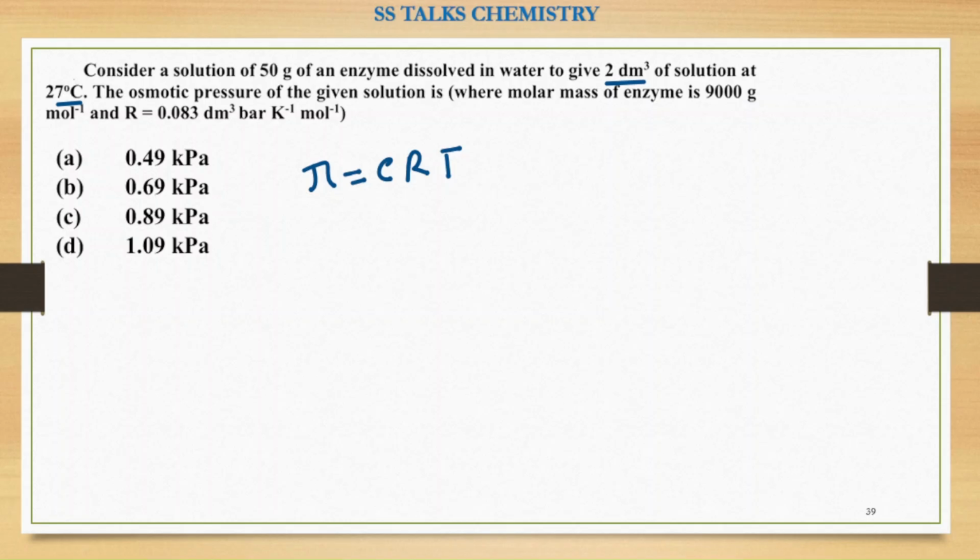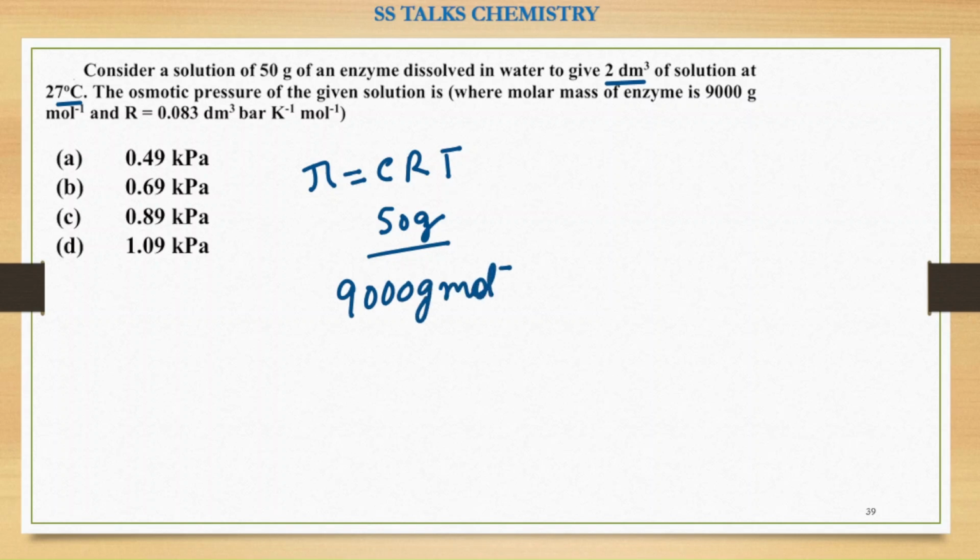So now here it is given how much amount of the enzyme was added, 50 grams, because we have to take it in molarity, and molarity is the number of moles of solute upon the volume of the solution in liters. So 50 grams of it. The molar mass of it is 9000 grams per mole.